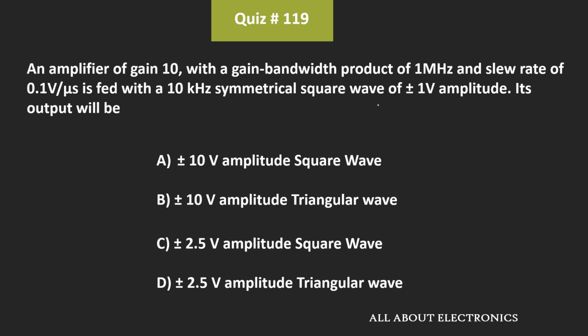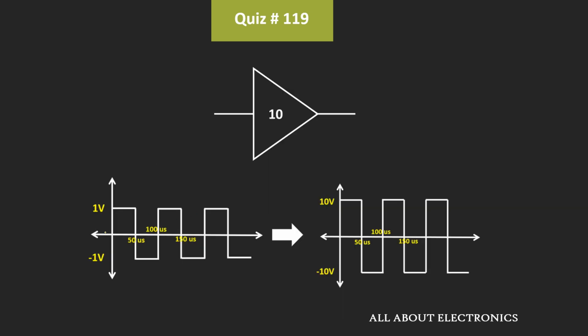The amplitude of this square wave is plus minus 1 volt while the frequency of this square wave is equal to 10 kHz. As the square wave is symmetrical, its duty cycle will be equal to 50%.